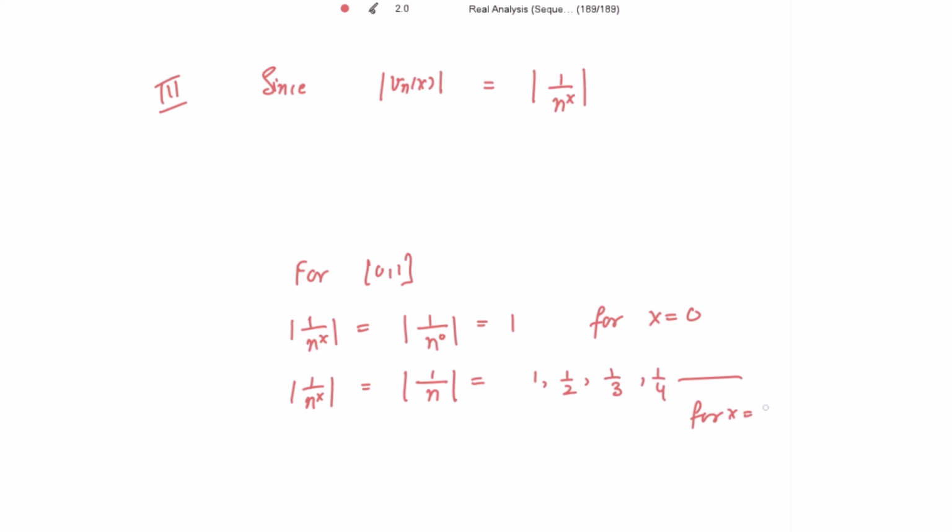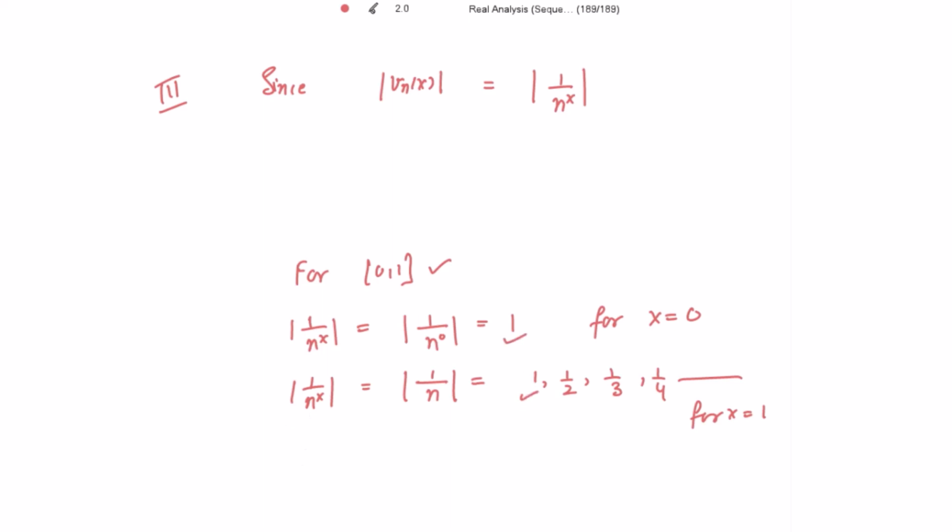So the maximum value of this mod is 1. That means for this closed interval, the maximum value of this mod is 1.